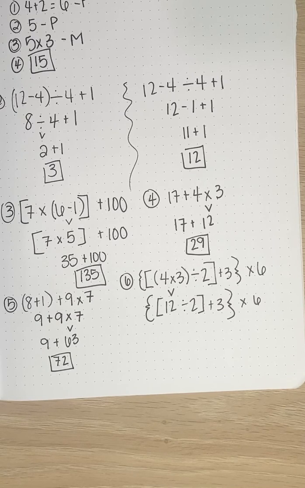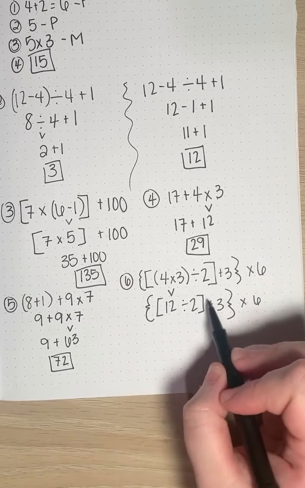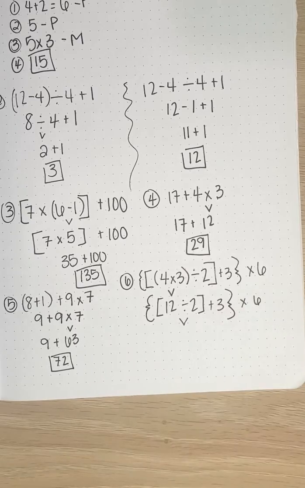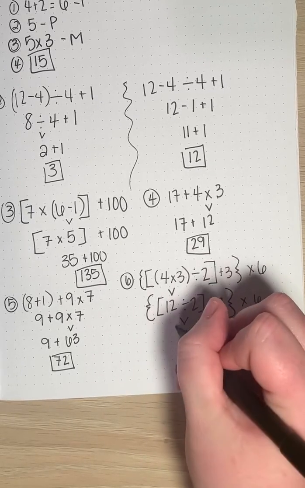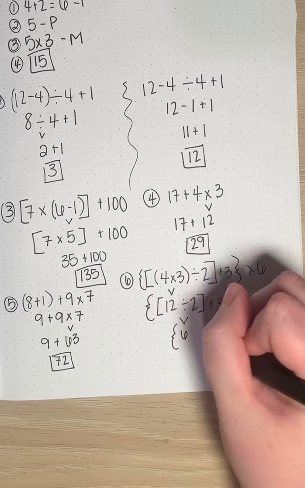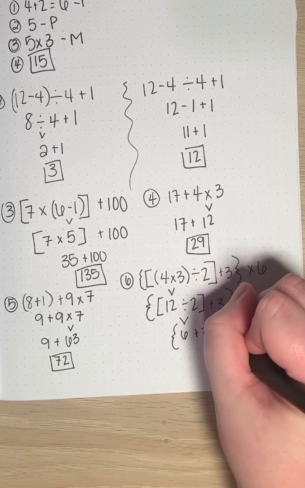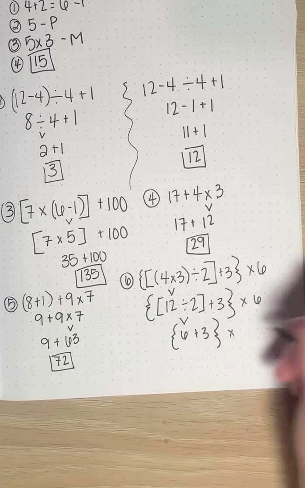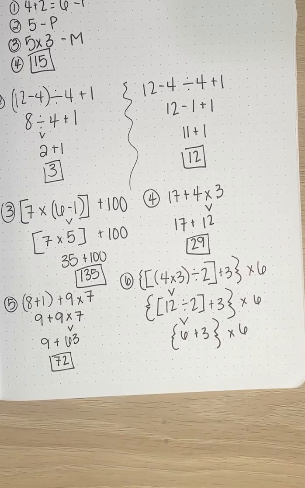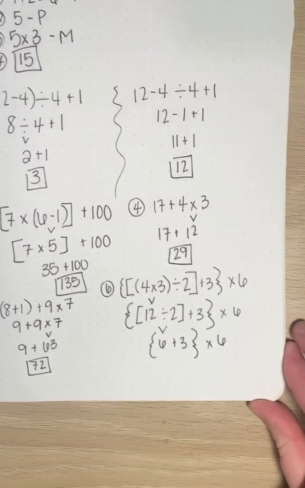So now, next step, after parentheses, are my braces. Nope, brackets. Excuse me, my brackets. So 12 divided by 2 is 6. I can drop my brackets, bring down my braces, plus 3, times 6.